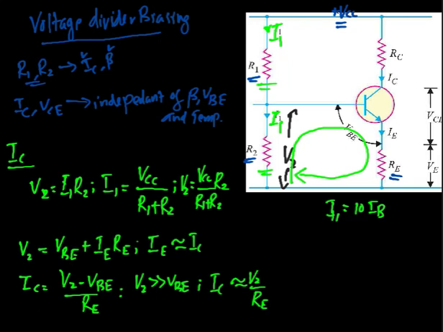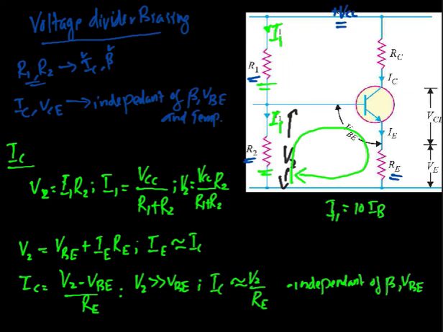So the collector current is almost independent of the transistor parameters beta and VBE. From this equation we can say that the collector current is independent of the transistor parameter beta and the base emitter voltage VBE of the transistor.